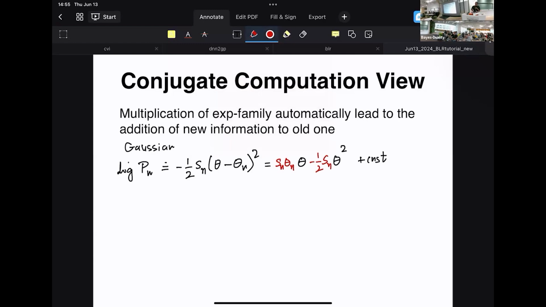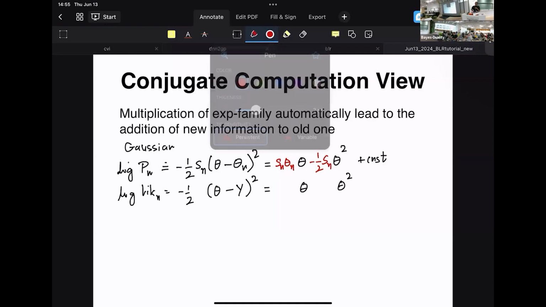Okay, so you could do the same calculation on the other side, and you could do the log likelihood n, and then it's the same formula. There's just one difference here, it's theta minus y, so sorry, it's y minus theta, but I'll just write it as symmetric. There's no problem with that. And then we again do the same thing, right? This is n plus 1. So this will be yn plus 1, and then this will be minus half.